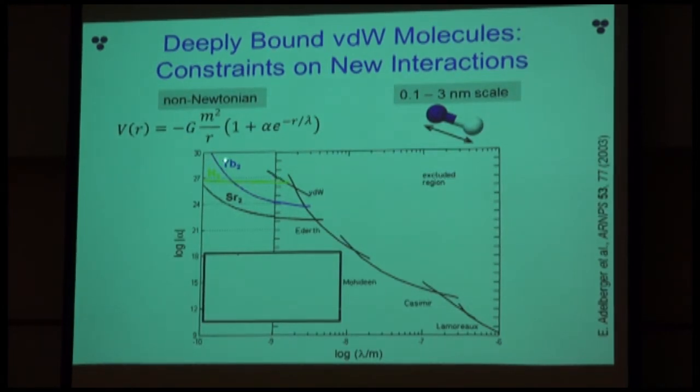I showed a few molecules, ytterbium-2, strontium-2, and hydrogen-2, and how they could potentially contribute to this very poorly known region. Hydrogen is a very tightly bound molecule, so it's great, but it's better at even tighter distances. In terms of the nanometer to 0.1 nanometer range, these alkaline earth type dimers, I think, are very promising, especially strontium, because it's a little easier to both model and measure than ytterbium.